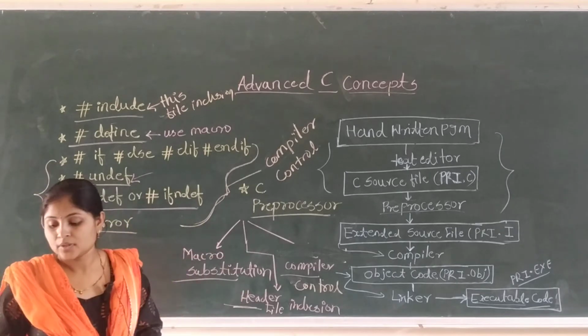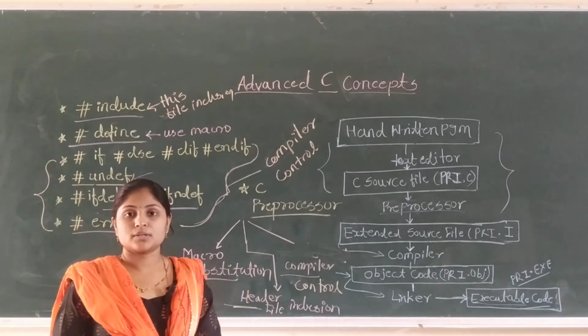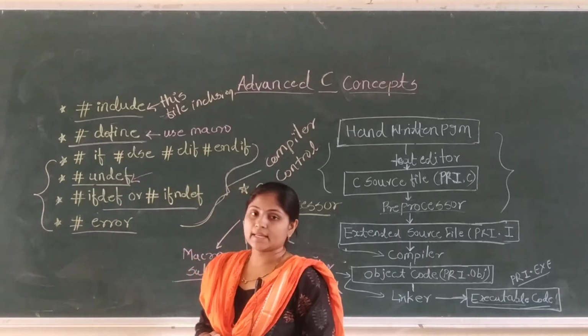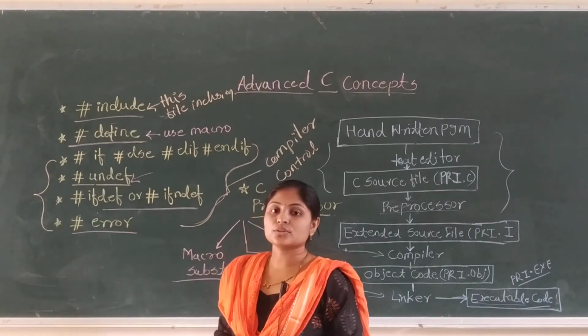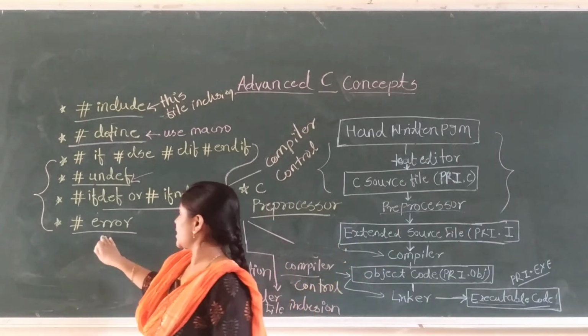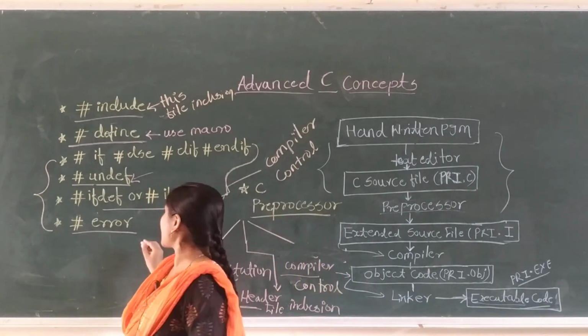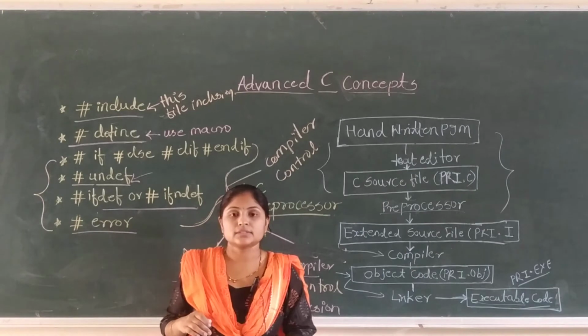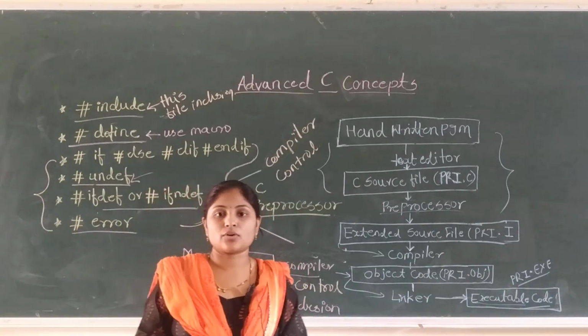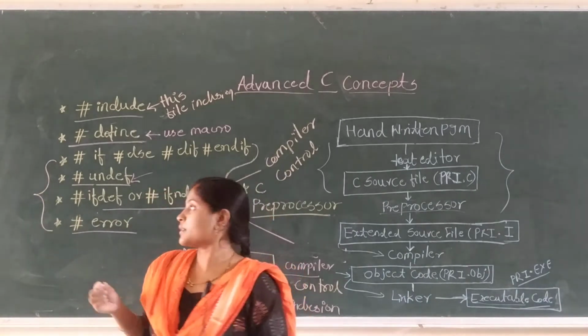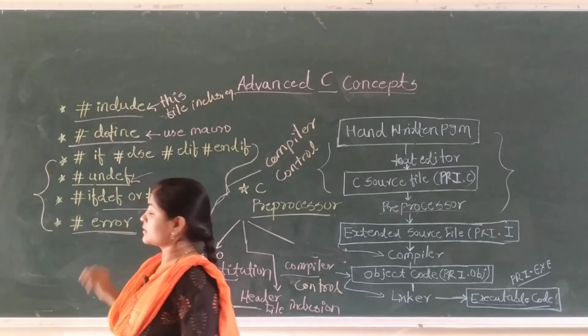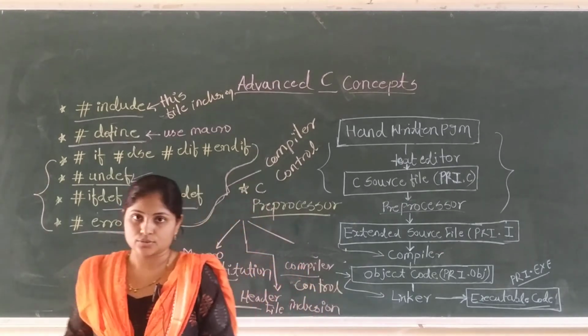Hash error prints the error message if there is any error. So that time the hash error directive is used. If in the program there is any error and it will be printed on the screen, that time we will use this hash error directive.